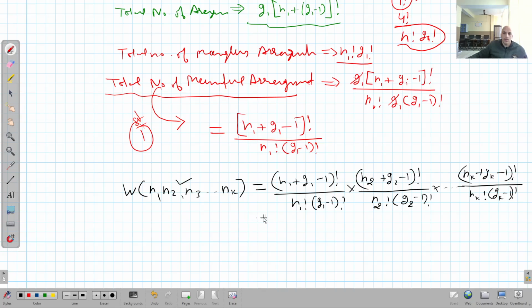So this is what I got when I considered all the compartments. Obviously, all the cases will get multiplied.